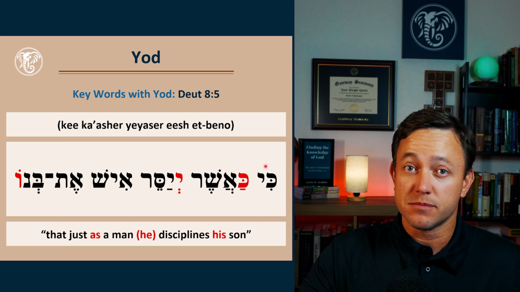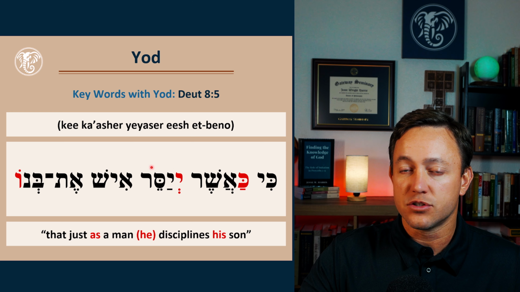So we've seen both of these words, but together it means something like just as, that just as yaser. So here's our word that we saw just a few minutes ago, meaning to teach or to discipline, right? As a father does, as a teacher does.